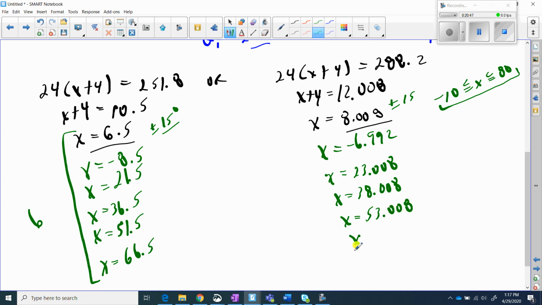Add another 15. I'd be at 68.008. Add another 15. That would take me to too much, right? Because it's going to give me 83 point something, and that would be more than 80. So I get 1, 2, 3, 4, 5, 6.